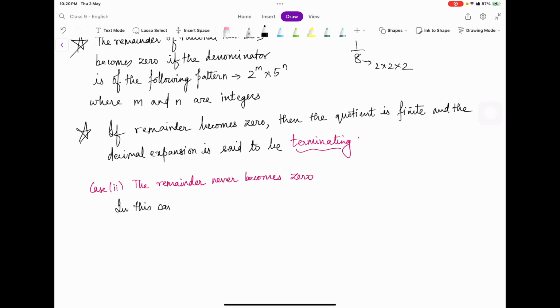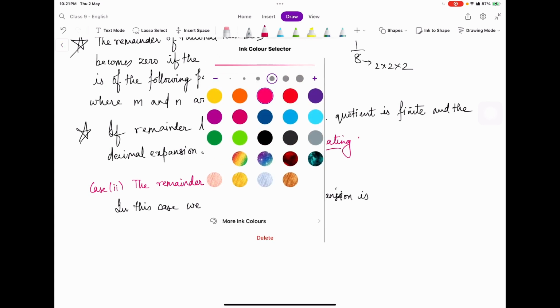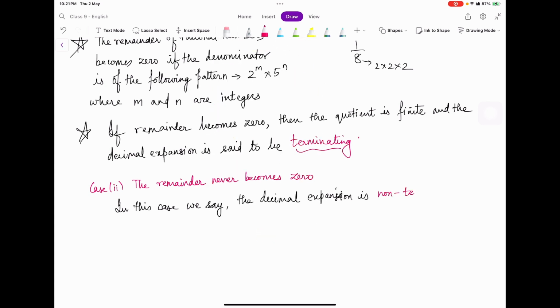In this case, we say the decimal expansion is non-terminating recurring.